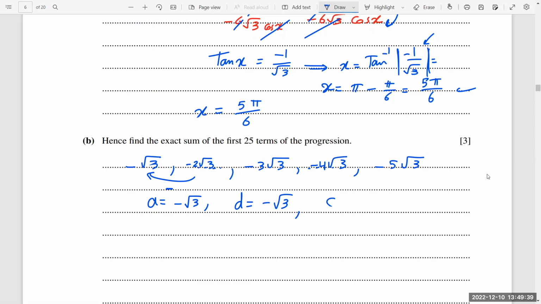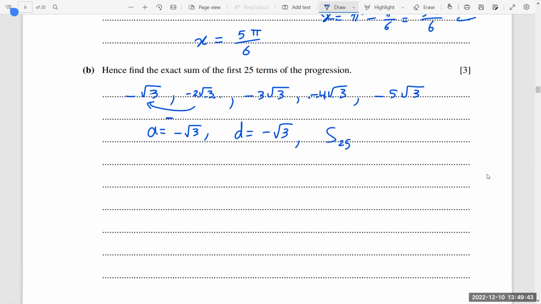So I want to find the sum of the first 25 terms. Just write S25 is 25 over 2 times (2a, 2 times negative radical 3, plus 25 minus 1, 24 times d, negative radical 3). So I have negative 2 and negative 24, negative 26 radical 3.